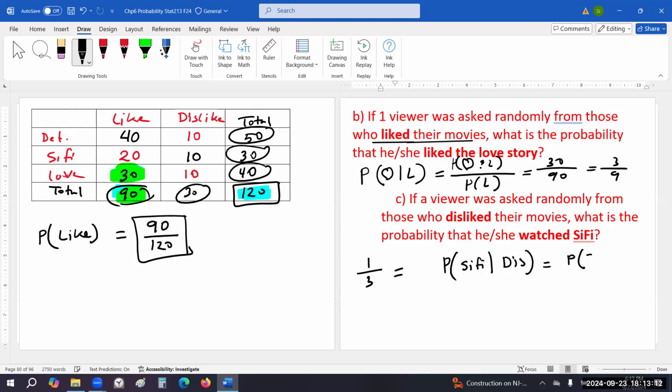So probability of sci-fi and disliked divided by what? It's a conditional, right? Probability of sci-fi and dislike divided by probability of dislike.